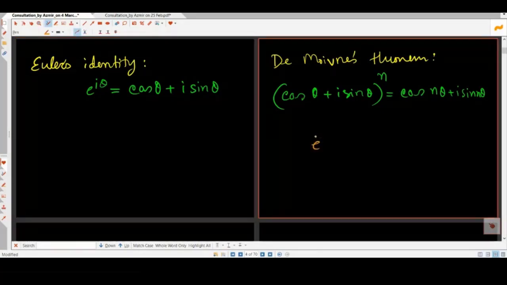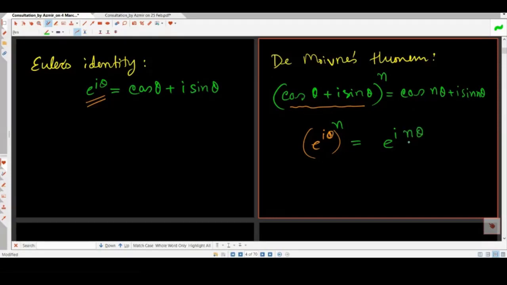That will be easier for us to compute the powers and also find the roots of any equation. So cosine theta plus i sine theta is e to the power i theta, and with power n, we can write it as e to the power i n theta.